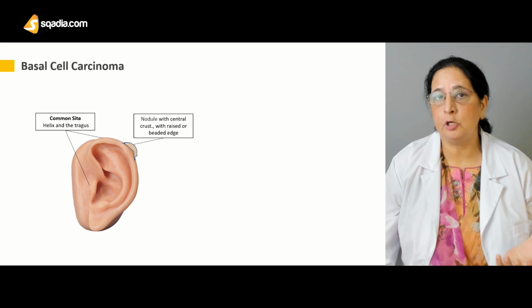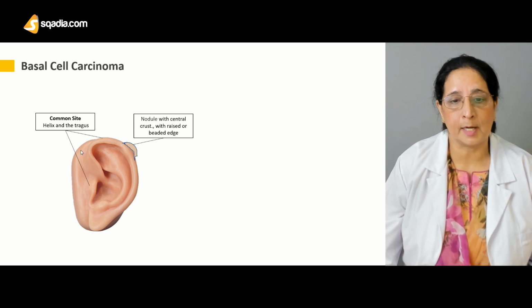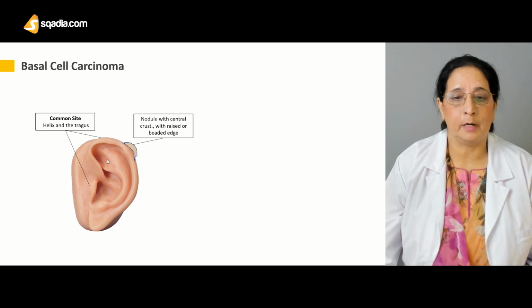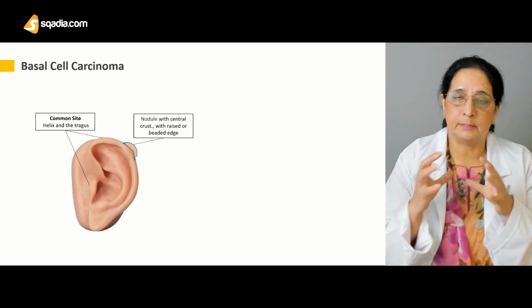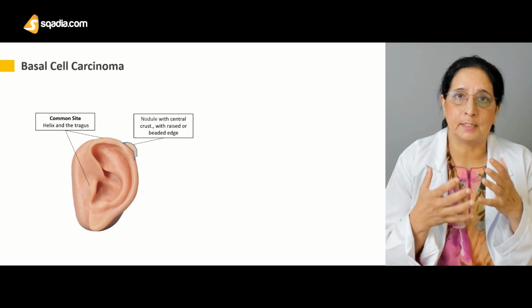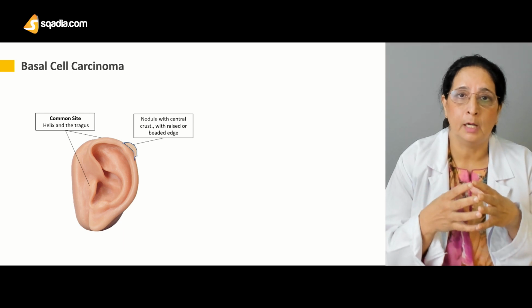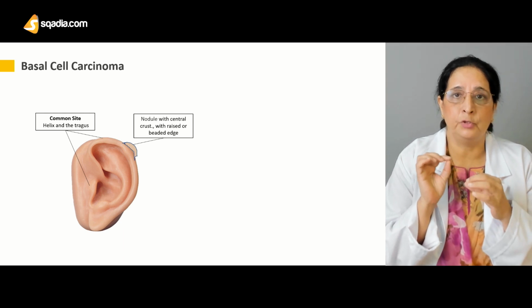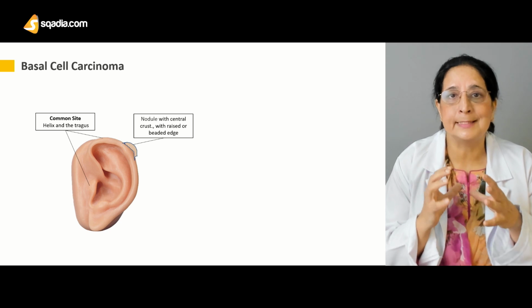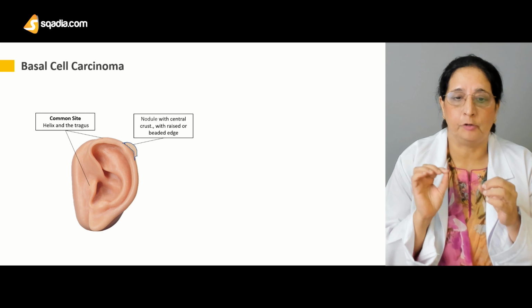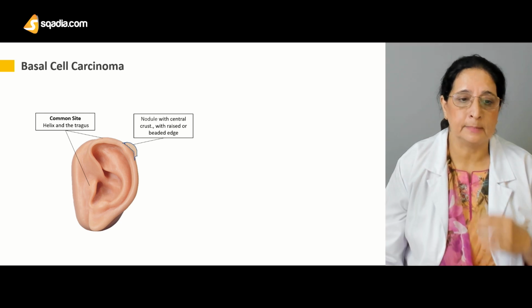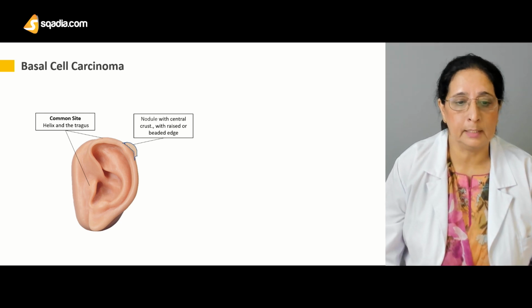It can be a nodule with a central crust and a raised or beaded edge. The beaded edge is a very important characteristic of basal cell carcinoma, as you don't often see lesions with beaded edges.